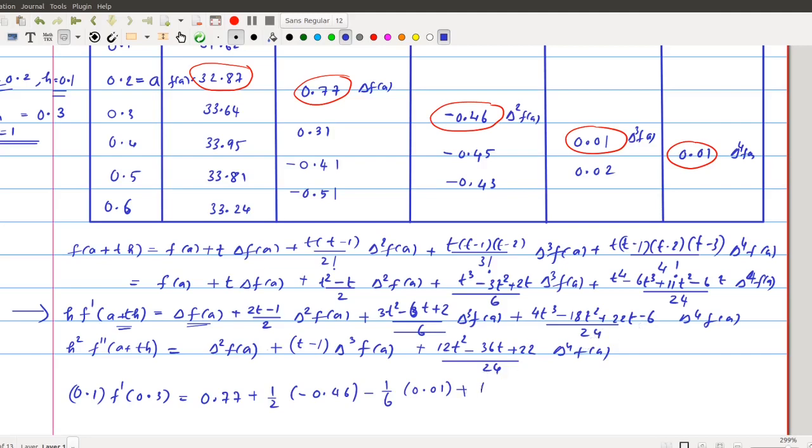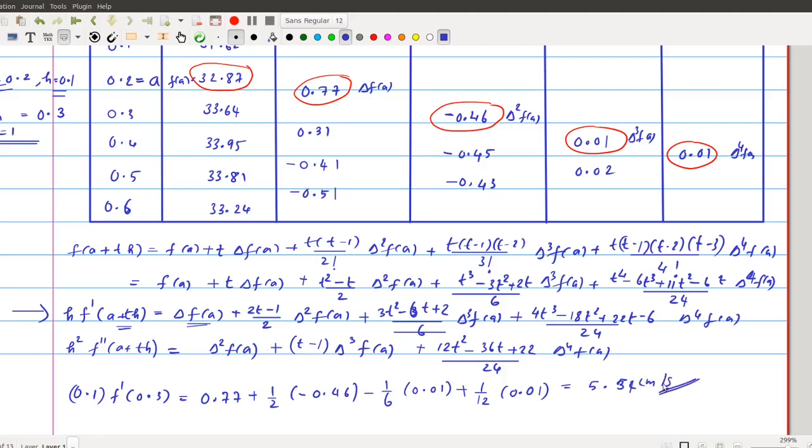Okay, 2 by 24 is 1 by 12, times 0.01, that comes from del raised to 4 f of a. So when you simplify this, you can extract f dash of 0.3, so this is the velocity. So the velocity will be 5.34 centimeter per second.